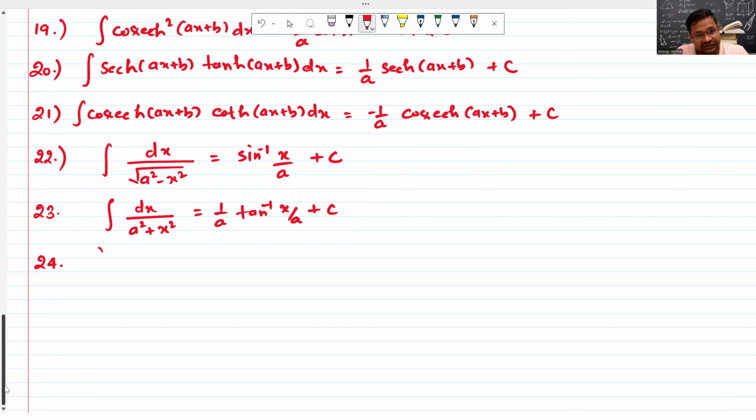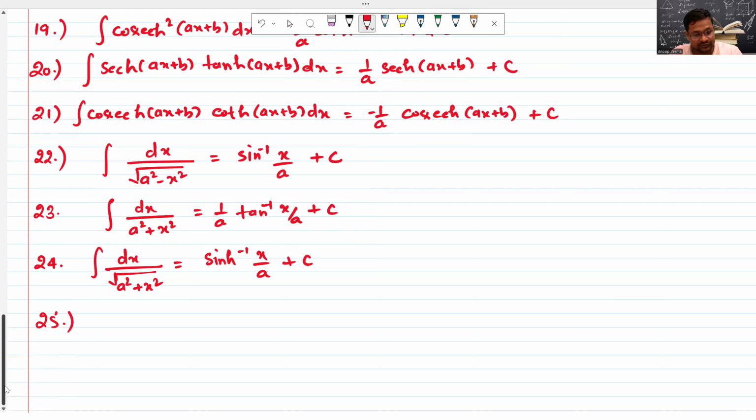The 24th is the integration of dx upon root of a square plus x square, which is equal to sinh inverse of x upon a plus c.